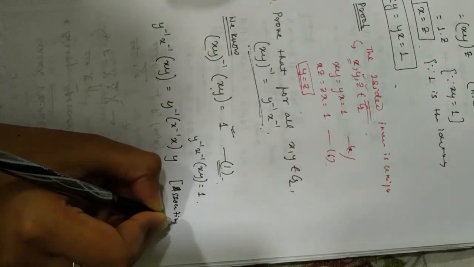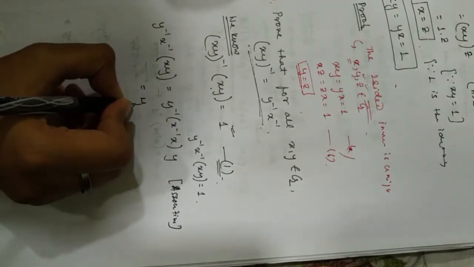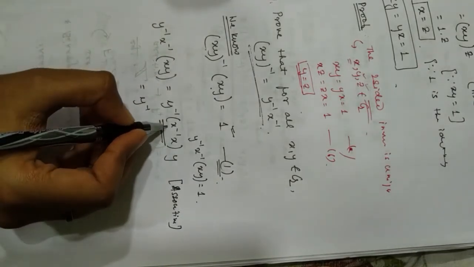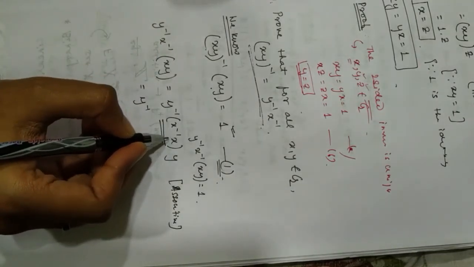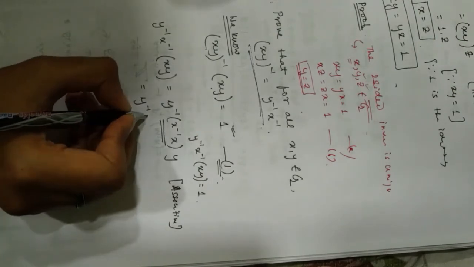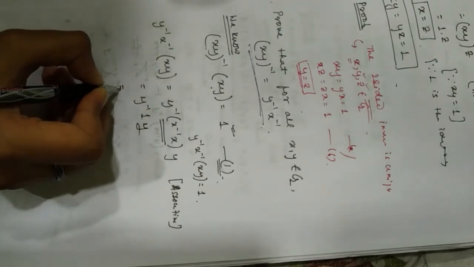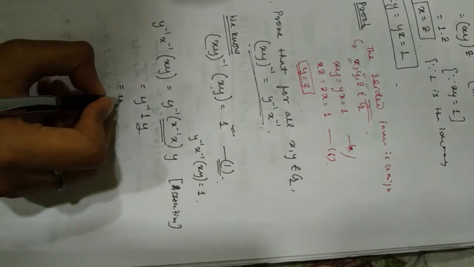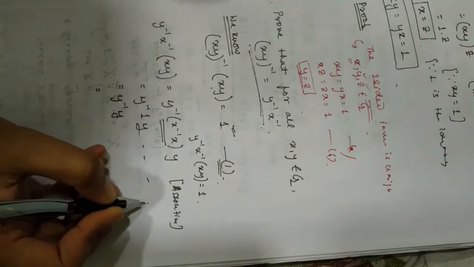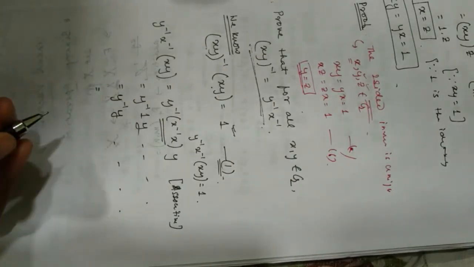Associative is equal to y bar. Now this is nothing but 1 because we have x inverse, binary operation x, and when the inverse and the element act, we obviously get the identity element. So is equal to y inverse y. Again, please write the reasons why you are writing this.